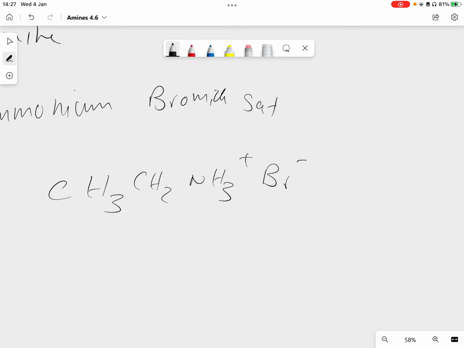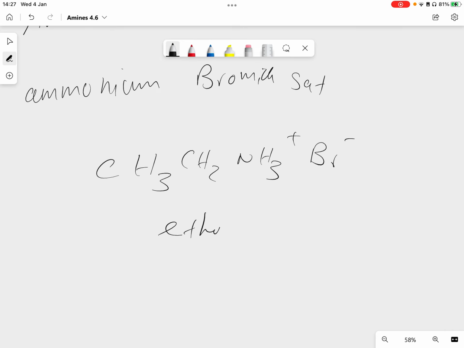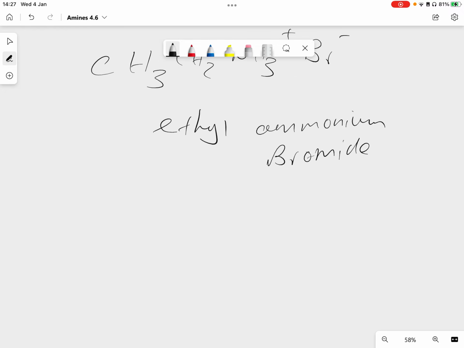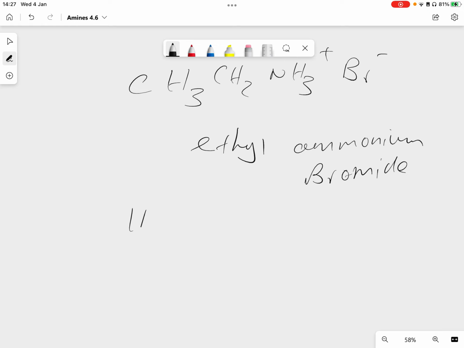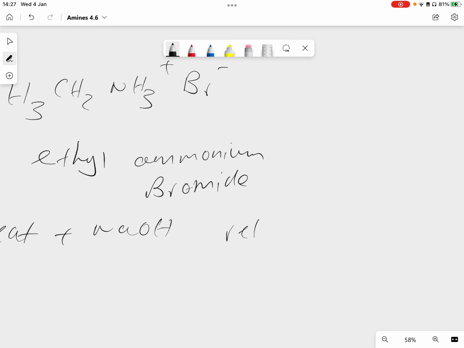That's ethylammonium bromide as an example. Okay, so to get rid of this salt, all you have to do is heat it with sodium hydroxide, and this will release the amine.